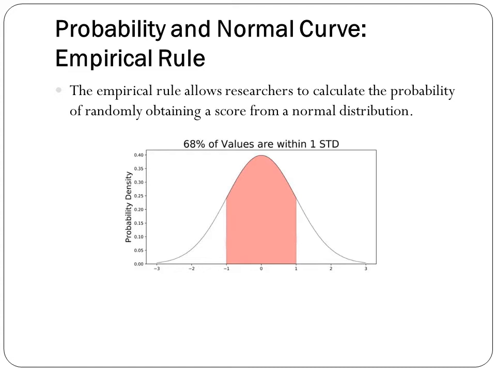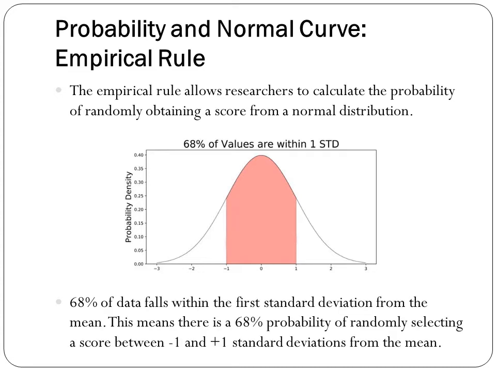So the color pink constitutes 68% out of the overall area under the normal curve. So 68% of the data falls within the first standard deviation from the mean. This means there is a 68% probability of randomly selecting a score between -1 and +1 standard deviations from the mean. So if that is the mean, 0, it means that we are not moving away from it. That is the center.